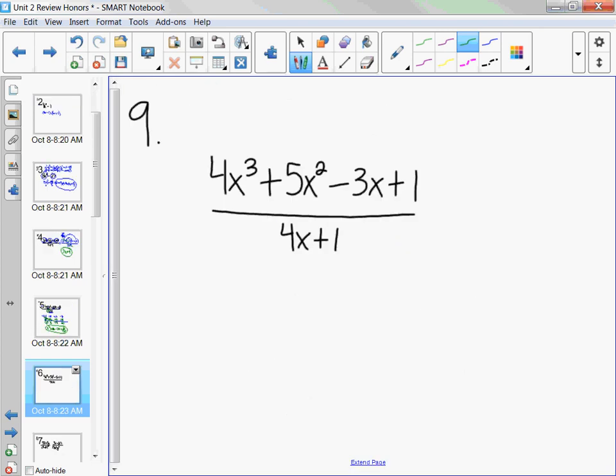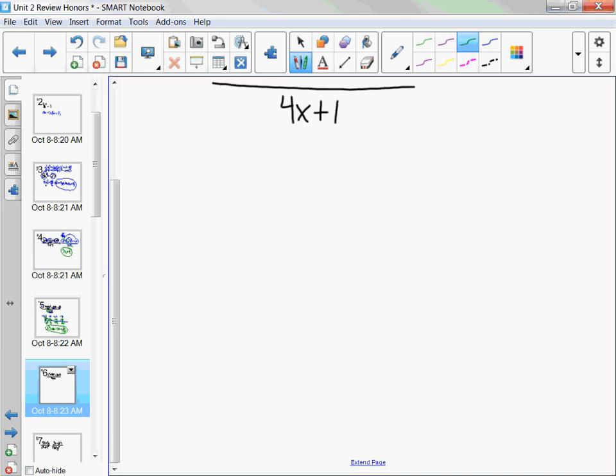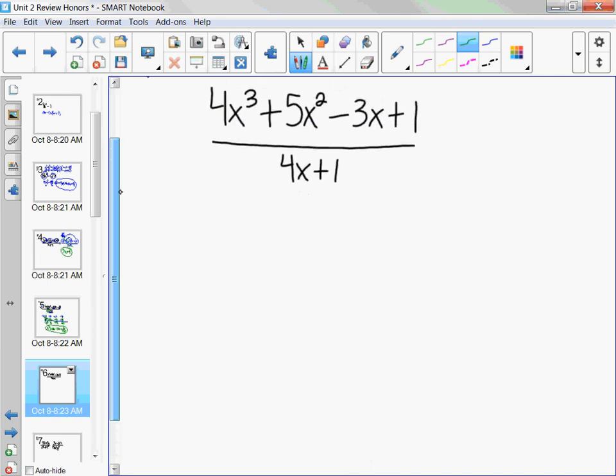Okay, number 9. This one I am supposed to use long division on. So, as I do this one right here, I am going to make a division bar. I have my divisor, 4x plus 1 out here.